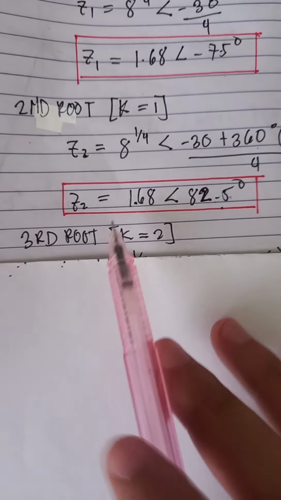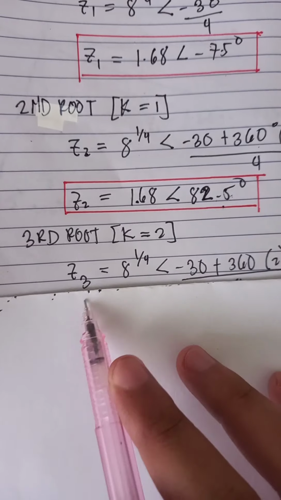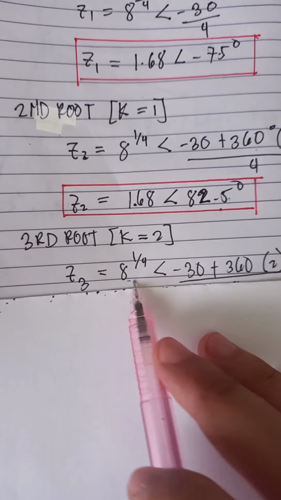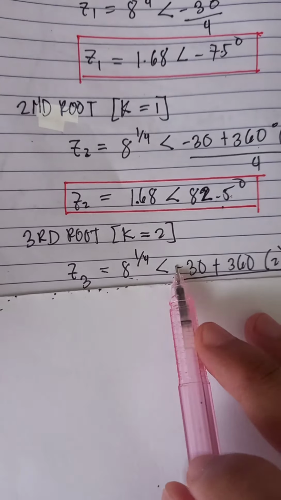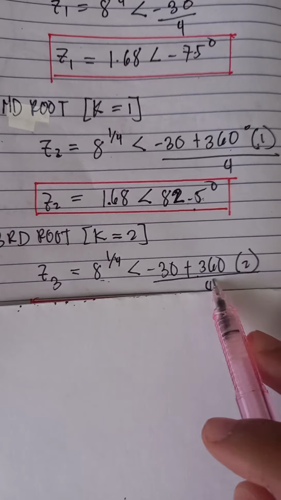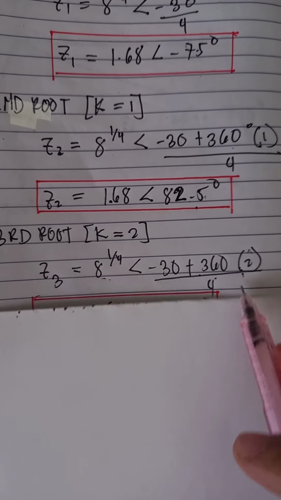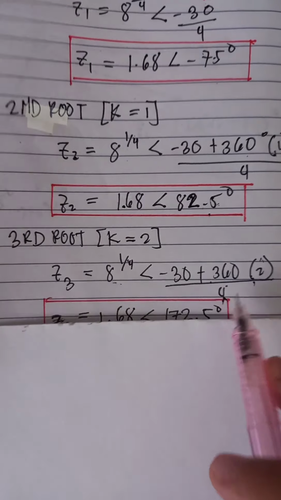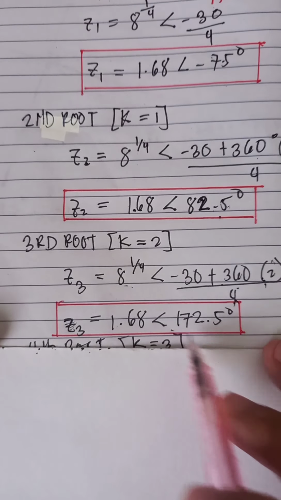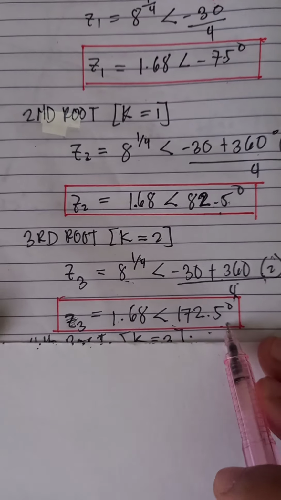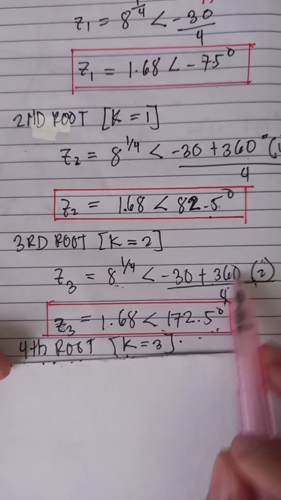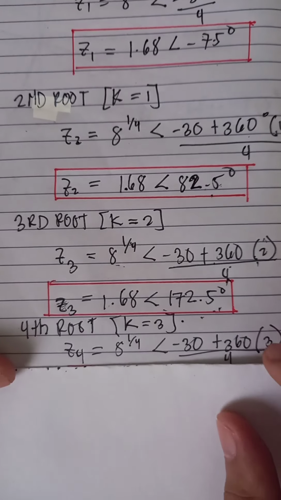So we have the third root, k is equal to 2, and z sub 3 is equal to 8 raised to 1/4, angle of -30 plus 360 times the value of k, which is 2, over 4. So the value of z3 is 1.68, angle of 172.5 degrees, if you simplify this using your calculator.